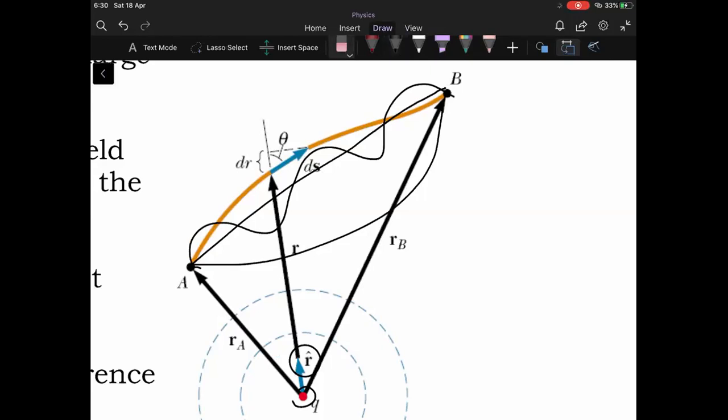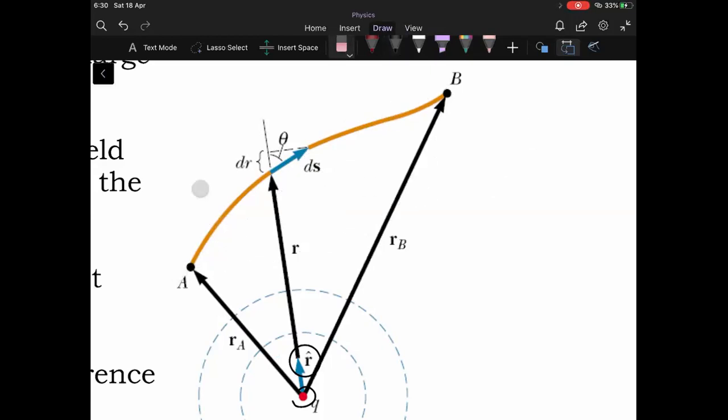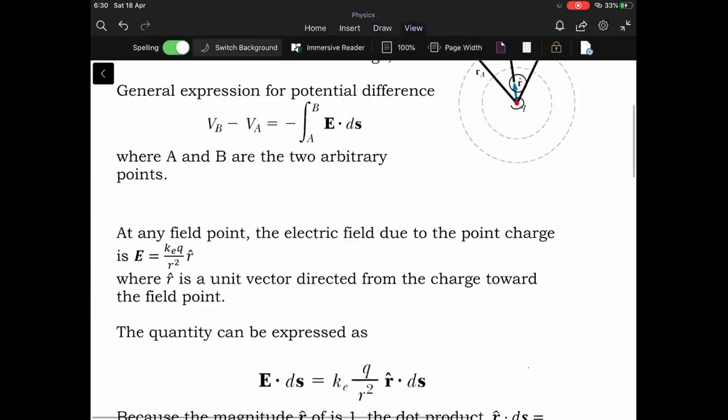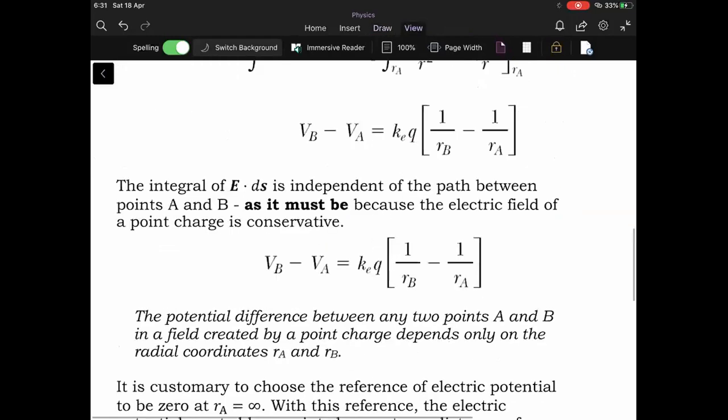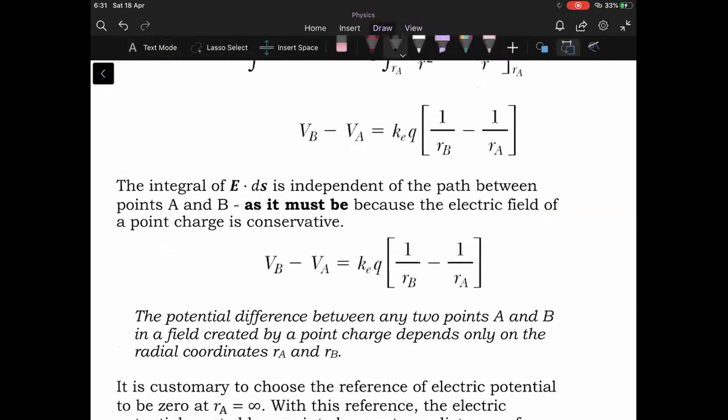Okay, this is the way electric field is defined, which is conservative in nature. Is it clear? This function is purely a function of initial position and final position.